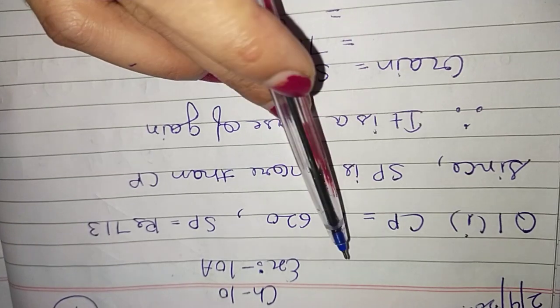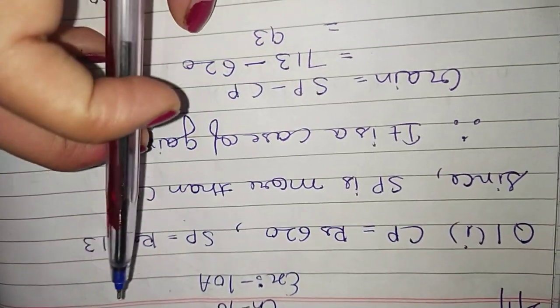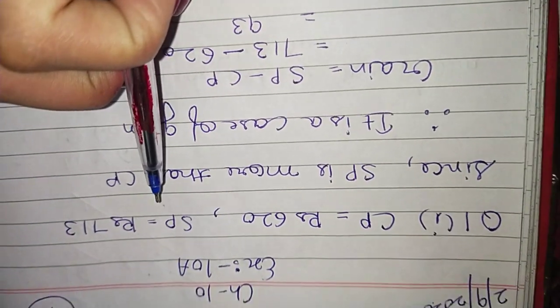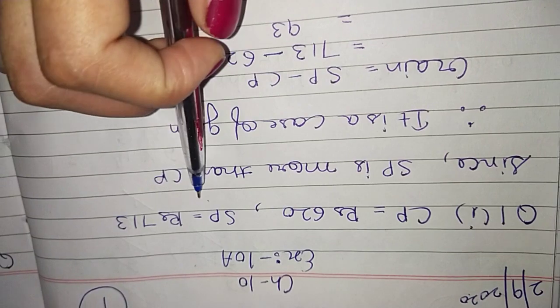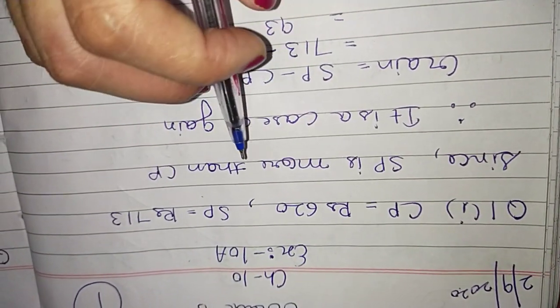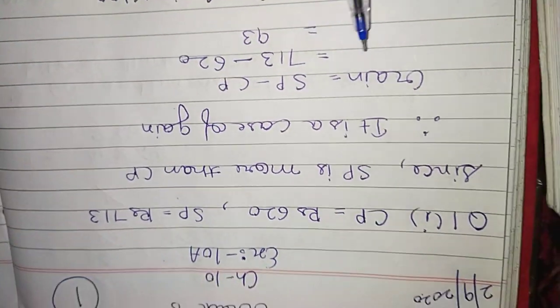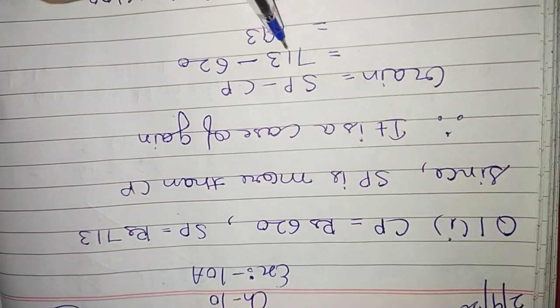It is the first part of the first question. The cost price and the selling price are given to us, and we have to find out the gain or loss percent. Now we can see that the selling price is greater than the cost price. It means it is a case of gain. So gain can be found by subtracting the cost price from the selling price.